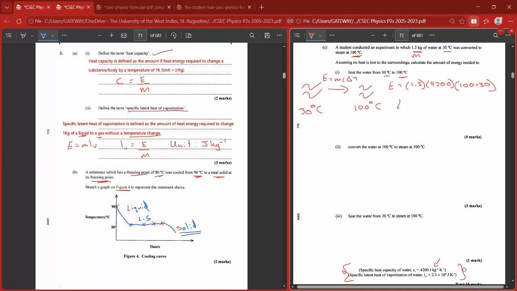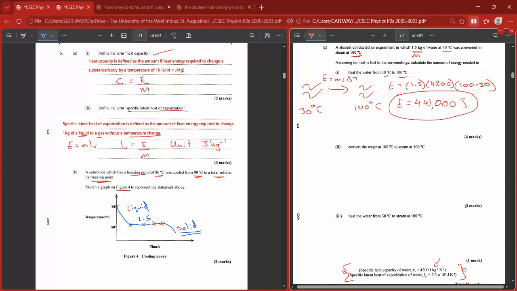So when you work this out in the calculator, what are we getting? 1.5 times 4200 times 100 minus 30. I am getting 441,000 joules.